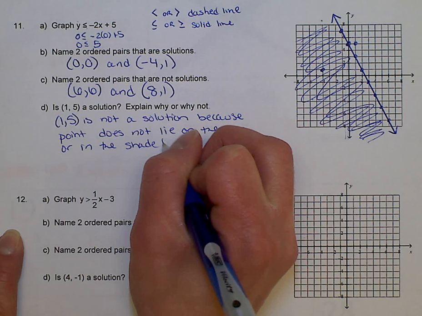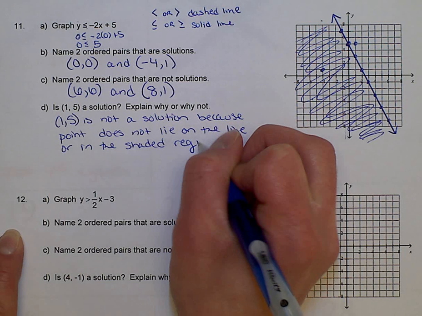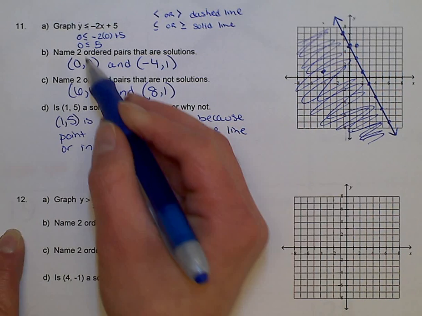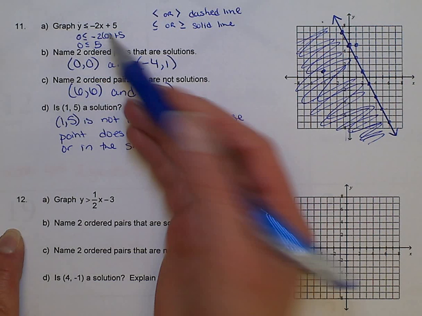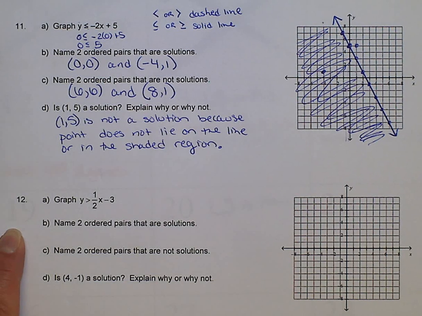And that's using the graph. We could also plug 1, 5 into our equation, and we can see if the inequality produces a true statement.